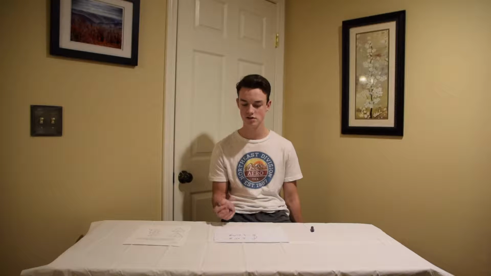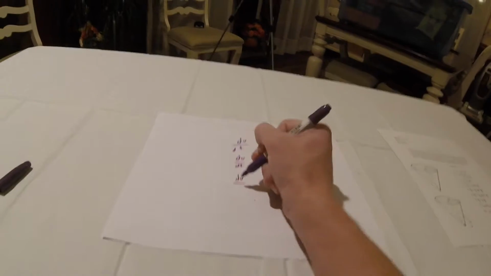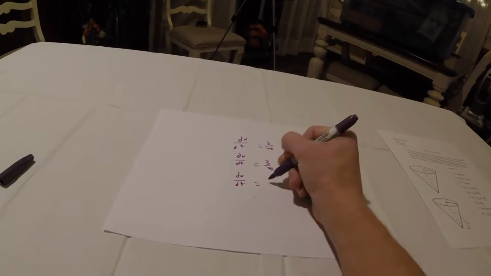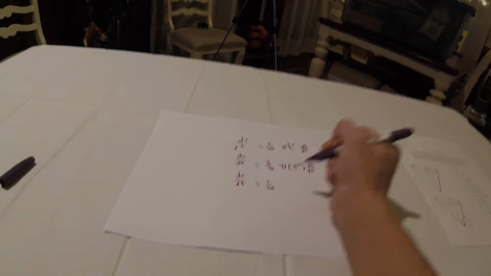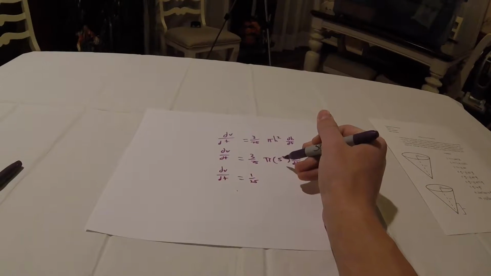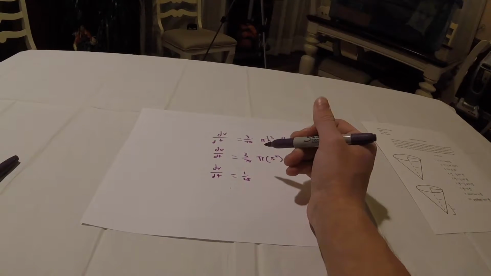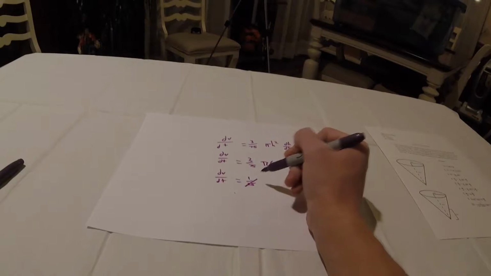We can rewrite the equation in simplified terms. So this would be dV/dt equals 1/25 pi times 25 times dh/dt. So let's do that. dV/dt equals 1/25. And you know what? Since 25 times 1/25 is just 1, we can completely cancel that out.